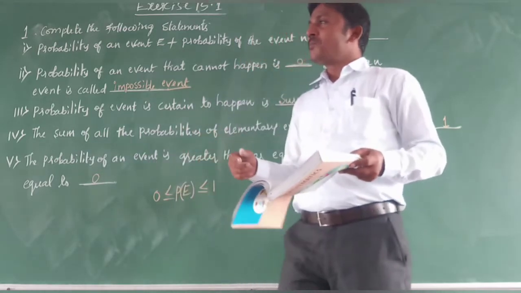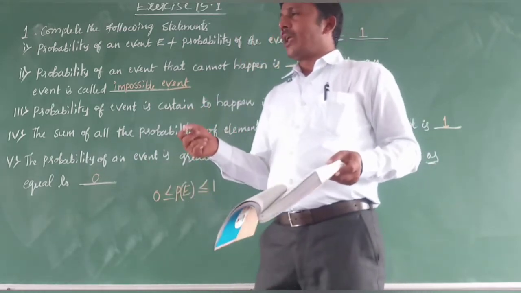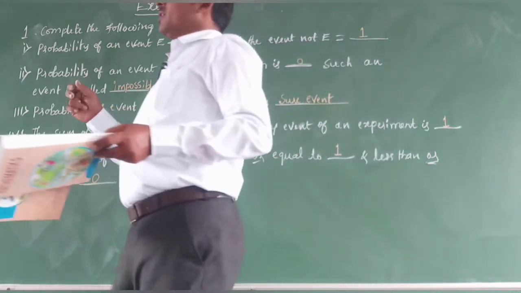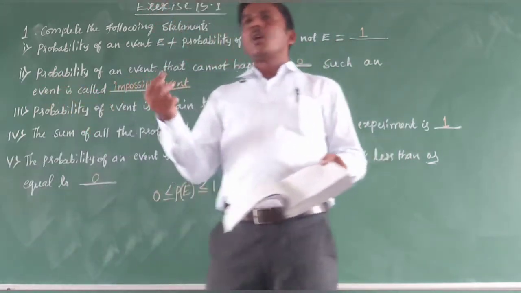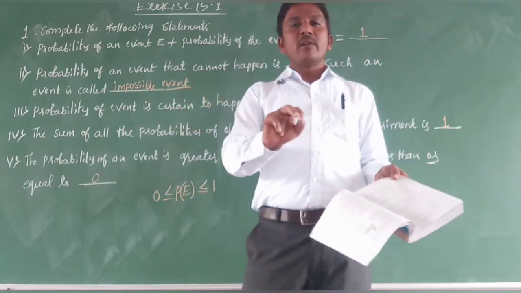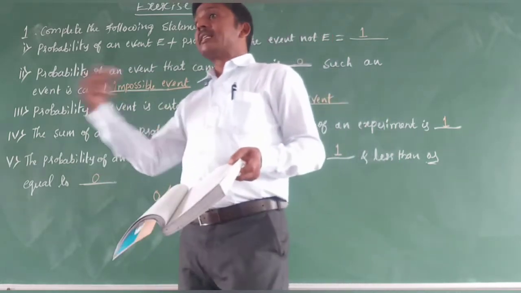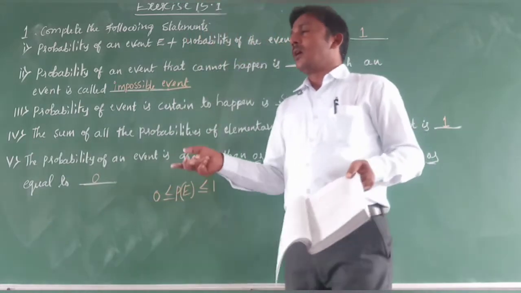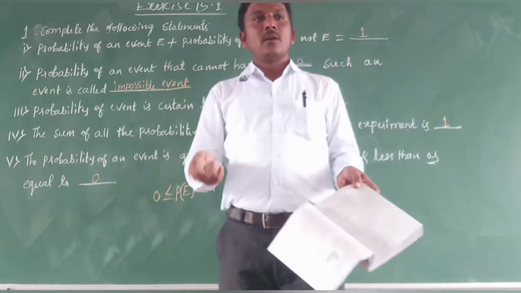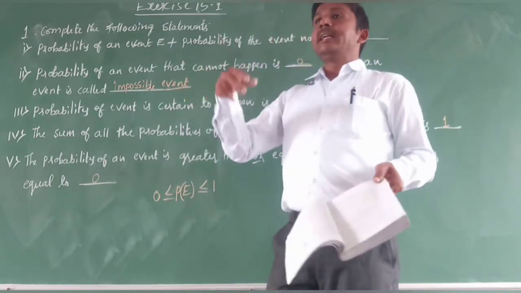Equally likely means, you take one experiment like tossing a coin. If you toss a coin 10 times, you may get 4 heads and 6 tails. The same experiment done by another student may give 3 and 7.